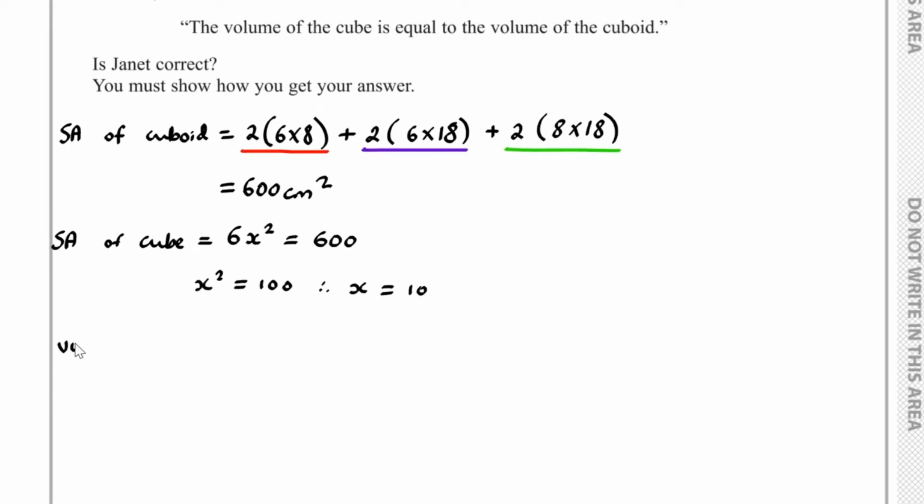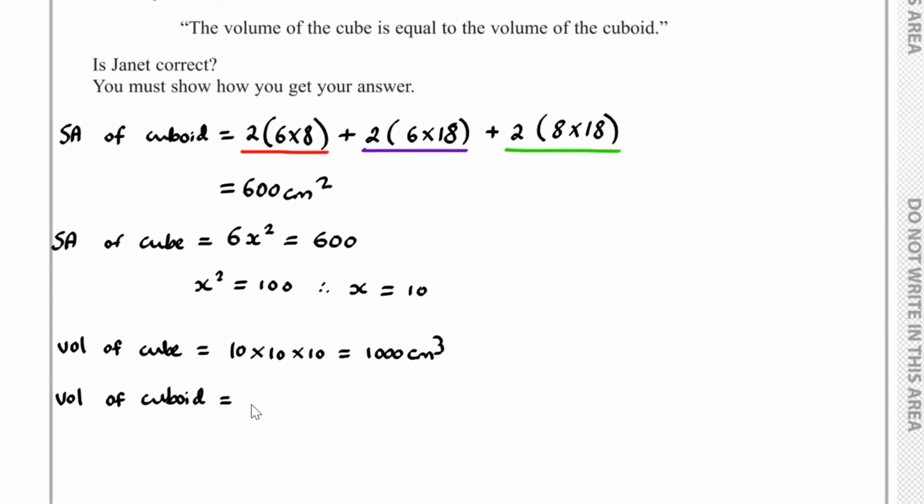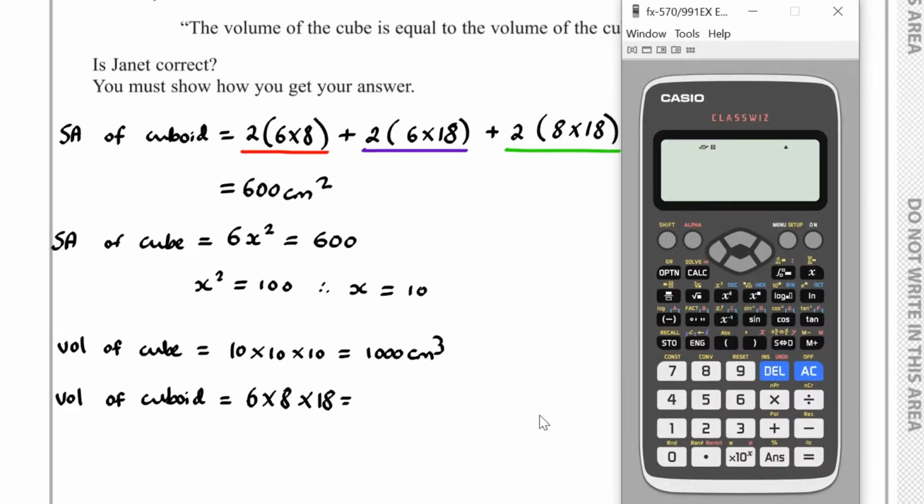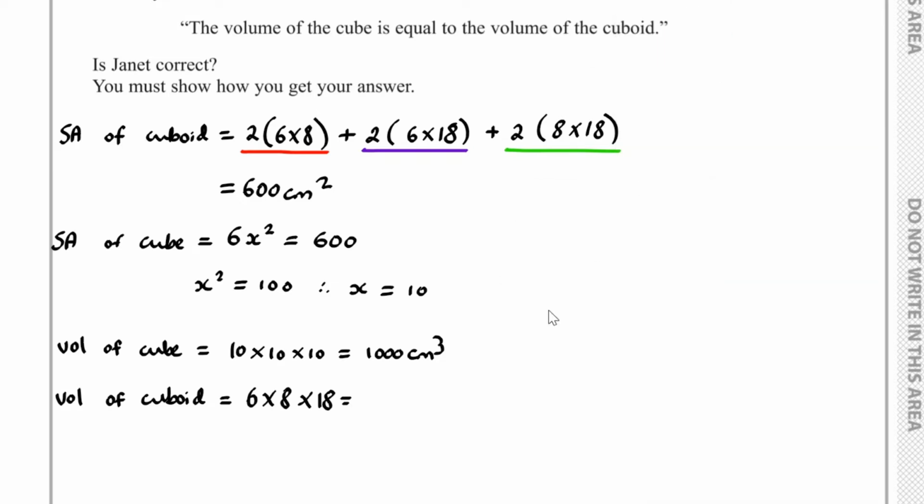So the volume of the cube, that's equal to x times by x times by x, in other words 10 times by 10 times by 10, which is 1000 centimeters cubed, and the volume of the cuboid, that's equal to 6 times by 8, times by 18, and if we work this out, we get 864 centimeters cubed.